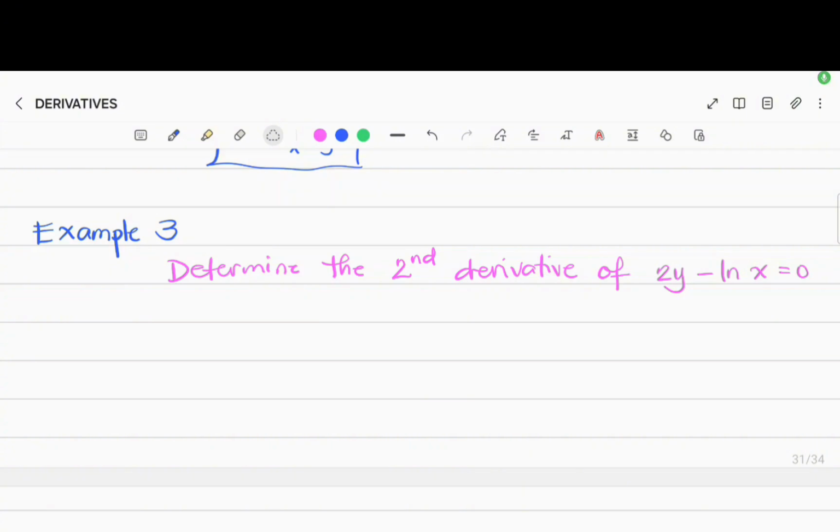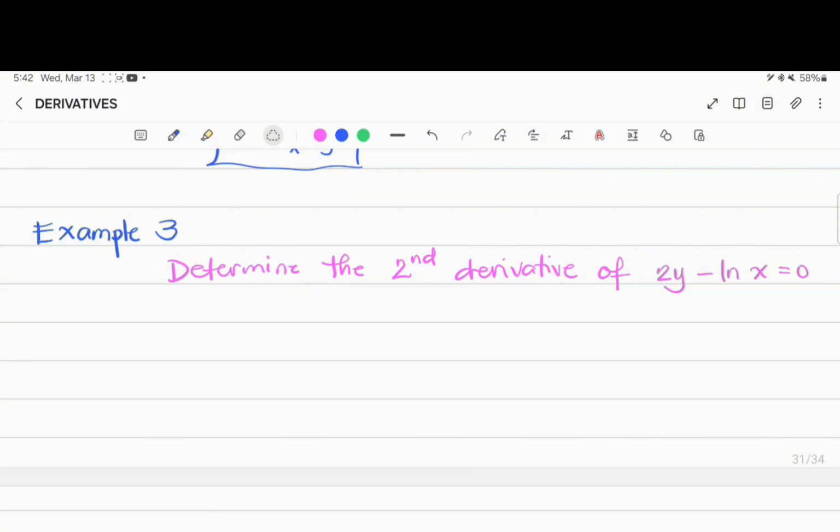For our third example, we are going to determine the second derivative of 2y minus ln x is equal to 0. We know that the second derivative is the derivative of the first derivative. Therefore, we have to take first the first derivative of 2y minus ln x is equal to 0.